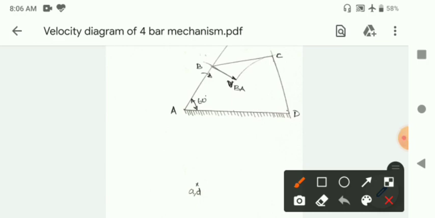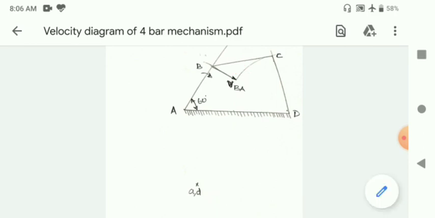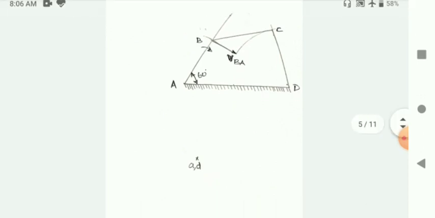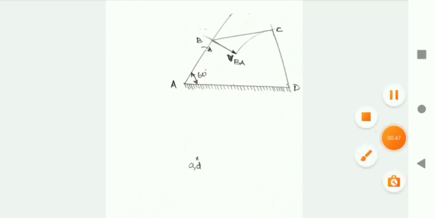What you do is, from point A comma D, you draw a line parallel to this line, and the direction should be towards the right.